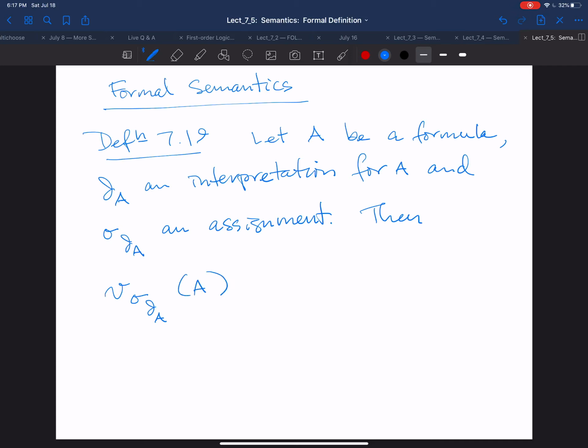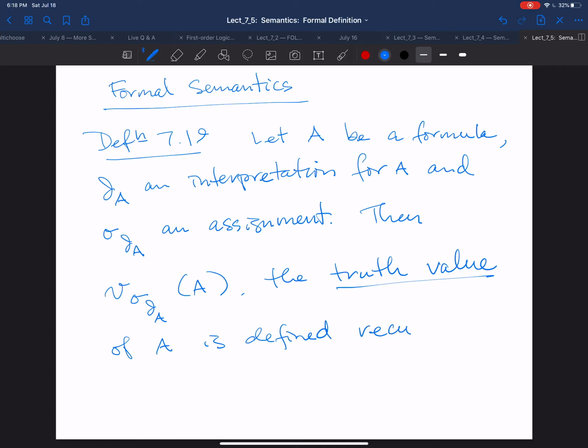So the truth value, v sigma sub I sub A, of A, it's going to be defined, of course, by a recursion that mirrors the recursion that defines the syntax of our formulas.